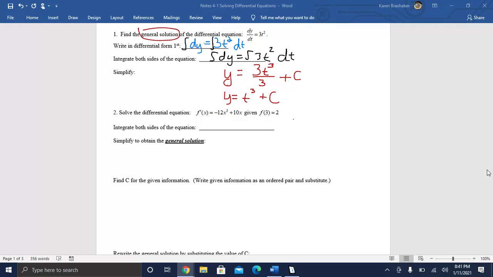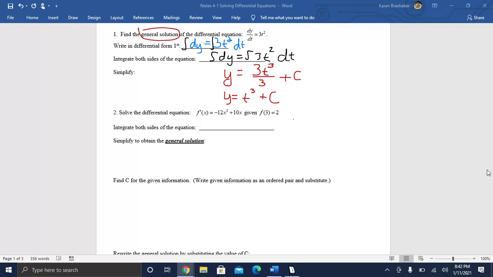Your second example will be solving the differential equation f prime of x equals negative 12x to the third plus 10x, and we're given that f of 3 equals 2. So finding a particular solution.